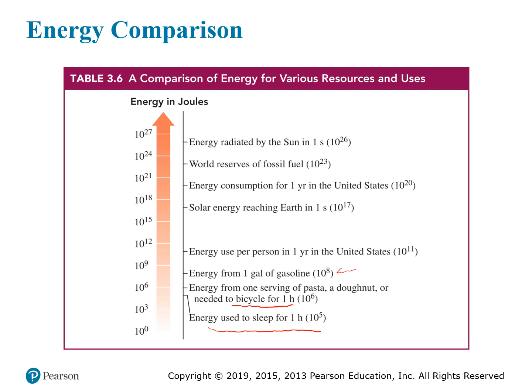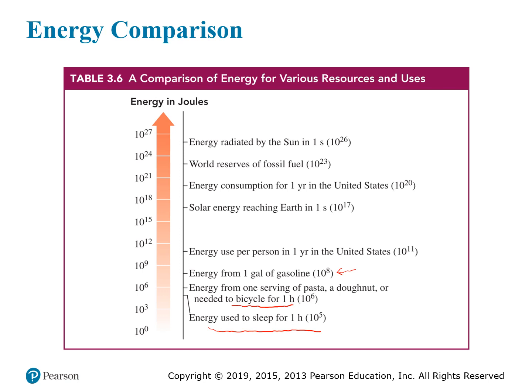So a gallon of gasoline has 10 to the 8th joules of energy. So that is 100 million joules of energy. So it's 100 times more. So you can see that gasoline has a much higher energy density than the energy in our food, like a donut or pasta. And so that's why your car runs on gasoline rather than donuts. It's much more efficient that way.